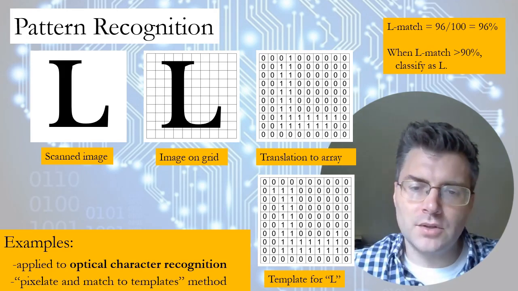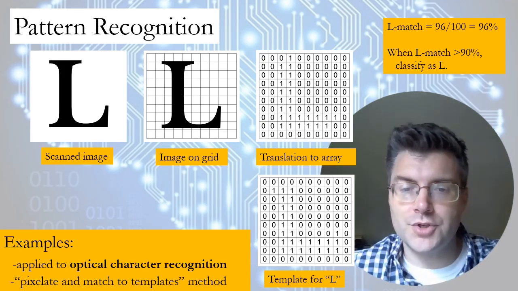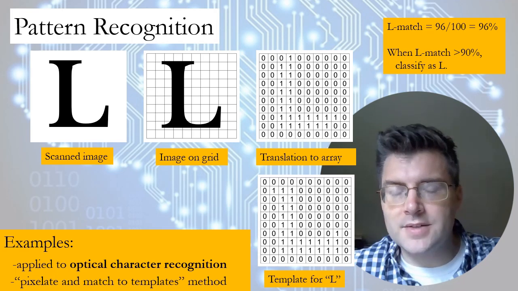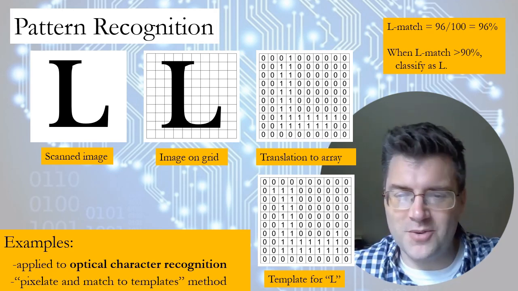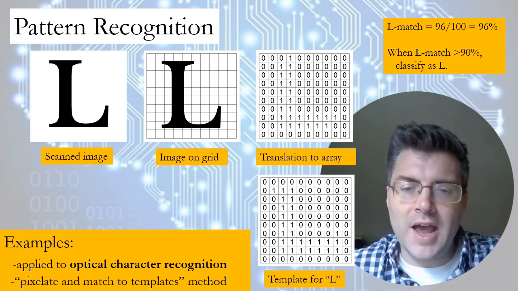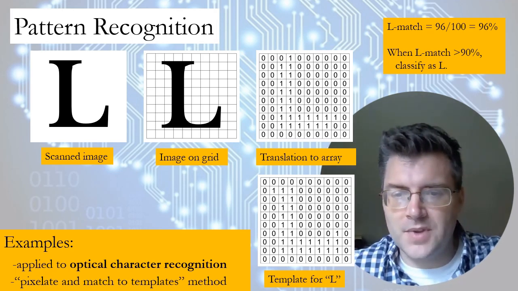I want to turn now to look at the non-symbolic approaches. One of the earliest successes in this other wing of the development of artificial intelligence had to do with pattern recognition.